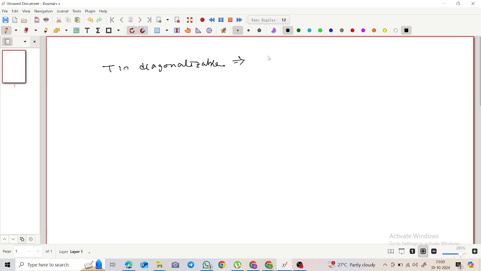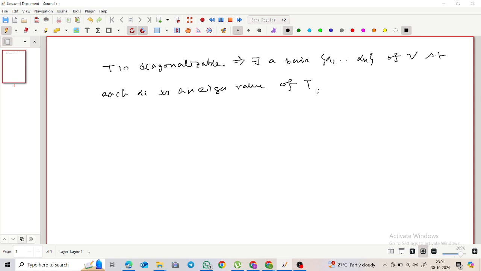This implies there exists a basis alpha 1 to alpha n of V such that each alpha i is an eigenvector of T, and we have seen P(T) of alpha i is 0, right?